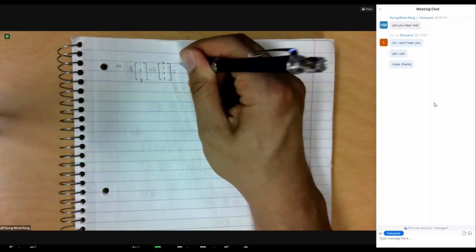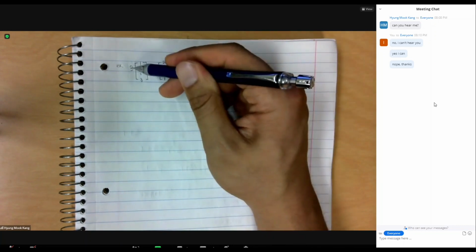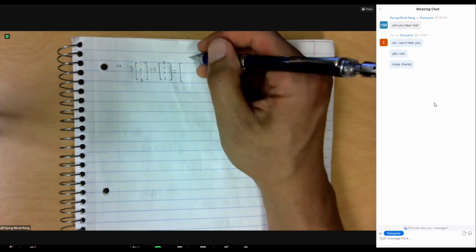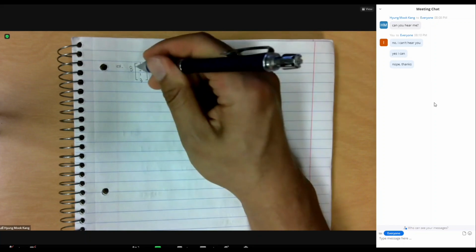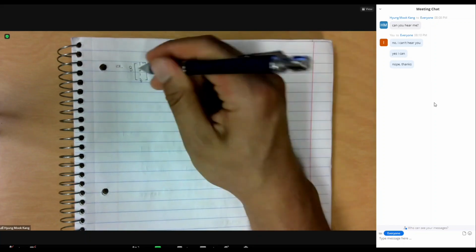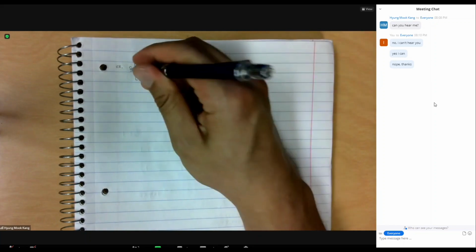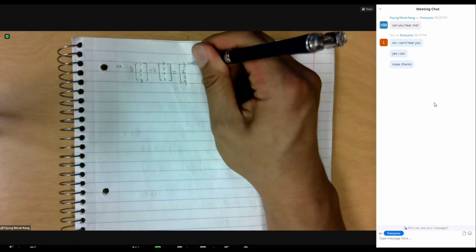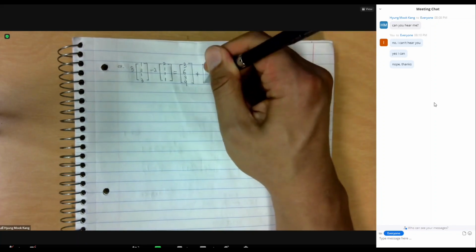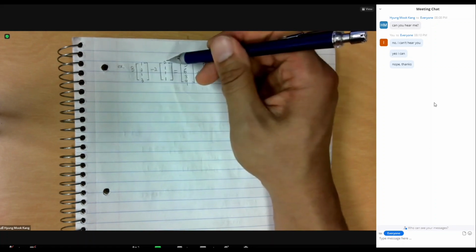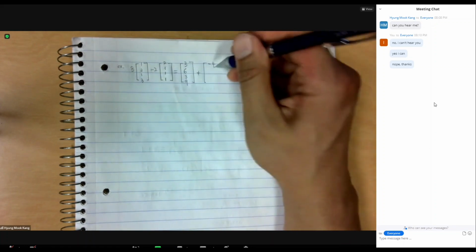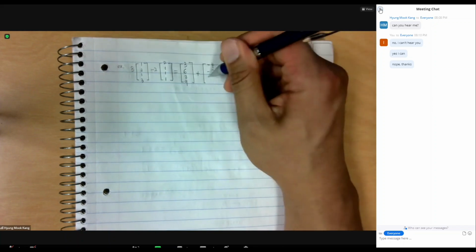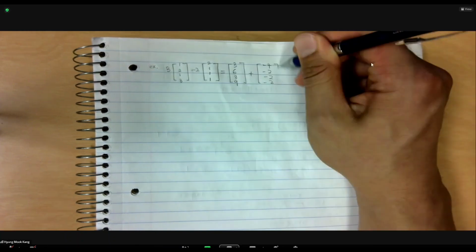With scalar multiplication, you multiply each and every component. So 3 times 1 is 3, 3 times 2 is 6, 3 times 1 is 3, and 3 times 3 is 9. -2 times 2 is -4, -2 times 1 is -2, and you get all -2s.